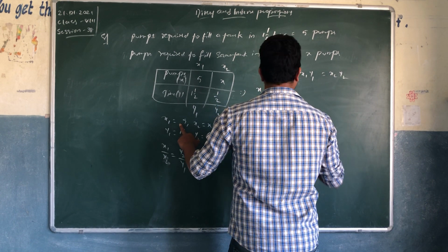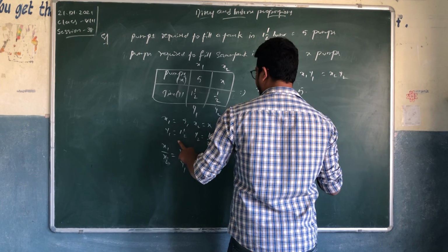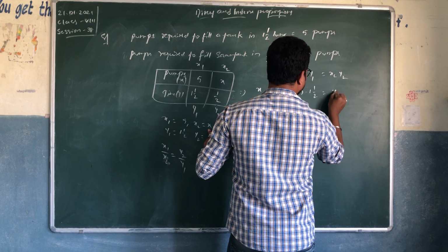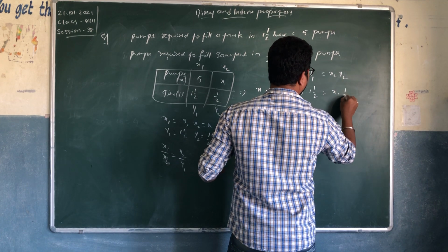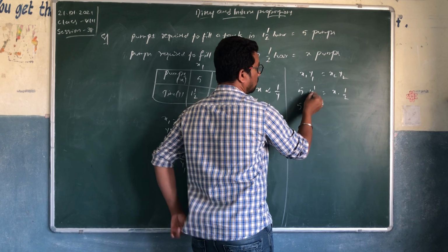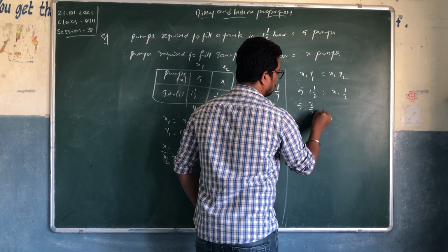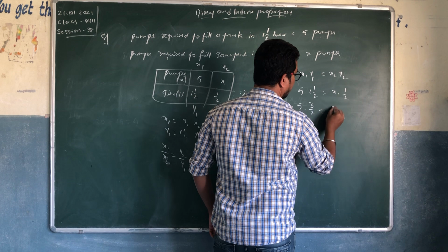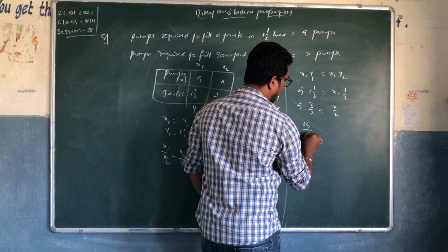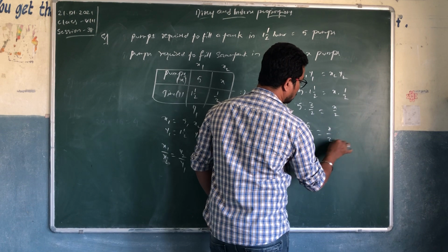X1 is 5 into Y1 is 1/2 is equal to X2 is X into Y2 is 1/2. So this I am writing as 5 into 3/2 is equal to X into 1/2. Now 15/2 is equal to X by 2.